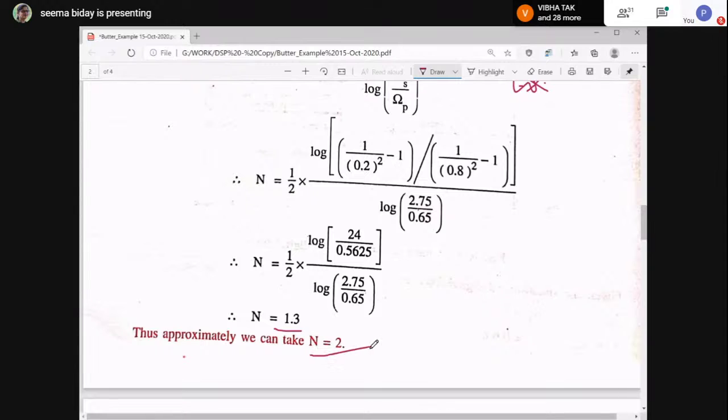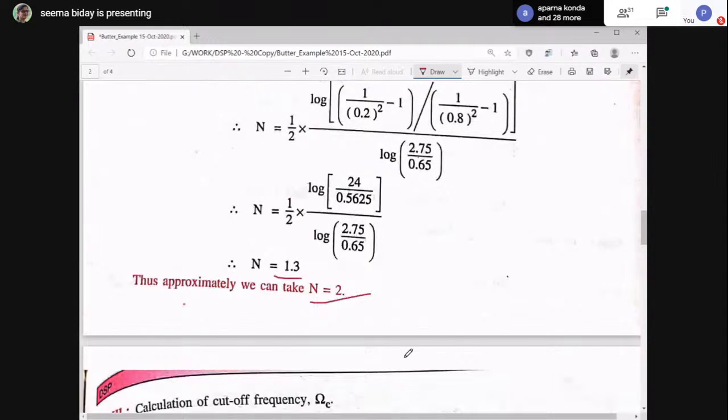Okay, n equal to 2. Got it? Now, because we have to round it, for a filter, even though the order is 1.4, 1.3, you round to the next higher value. So it is taken as n equal to 2. It is the order of the filter.